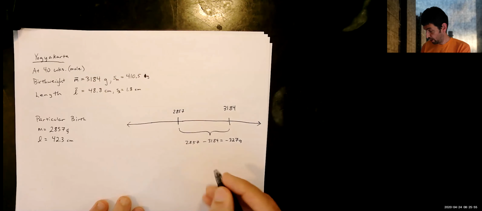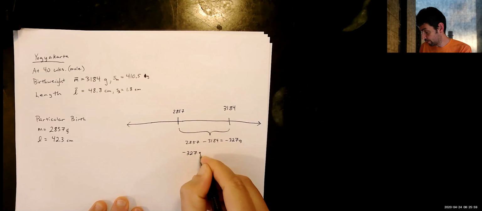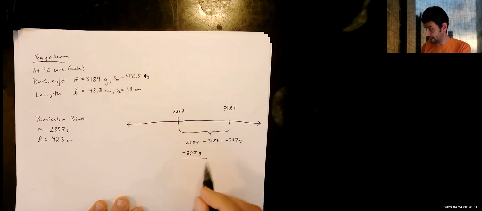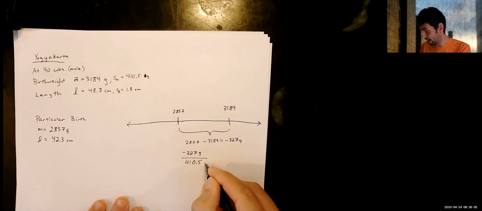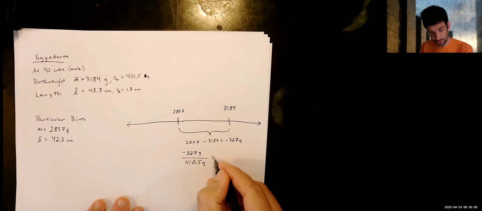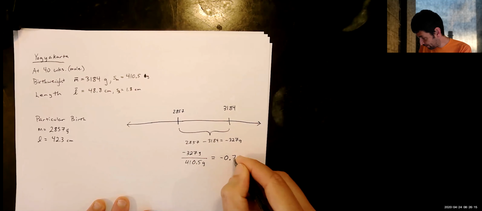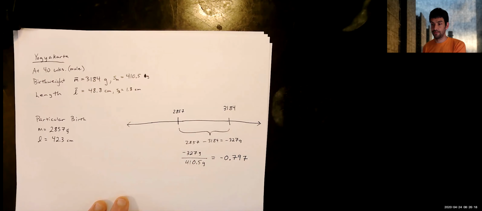Okay? So I take negative 327 grams divided by the standard deviation, 410.5 grams. And this gives me negative 0.797.